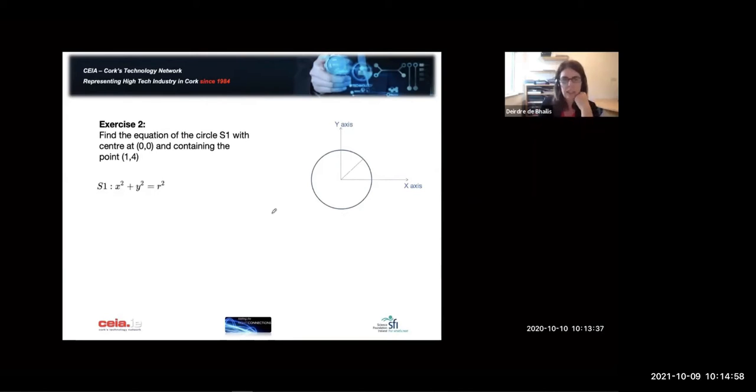Moving on to exercise 2, they want us to find the equation of the circle S1 with the center at 0, 0 and containing the point 1, 4. So you remember I said at the start, to find any equation of a circle, we need two things. We need to know the position of the circle, its center point, and we need to know the radius. So this time we haven't been given the radius, but we've been given a way to work out the radius.